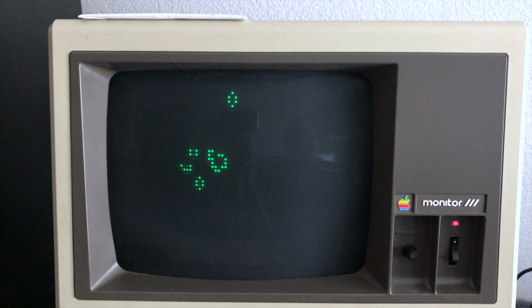Because one thing is for sure, IBM did notice that there is somebody coming out with a business computer, and a year later, after the introduction of the Apple III, there was the IBM 5150, and IBM rushed it really.